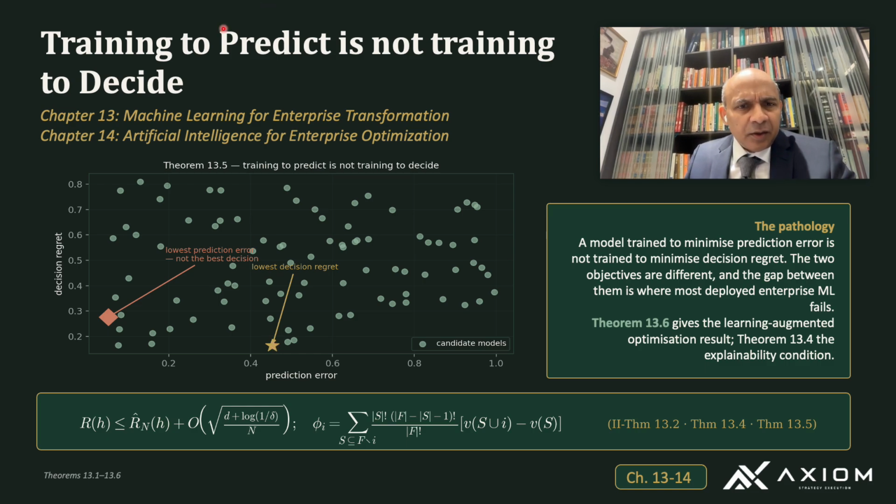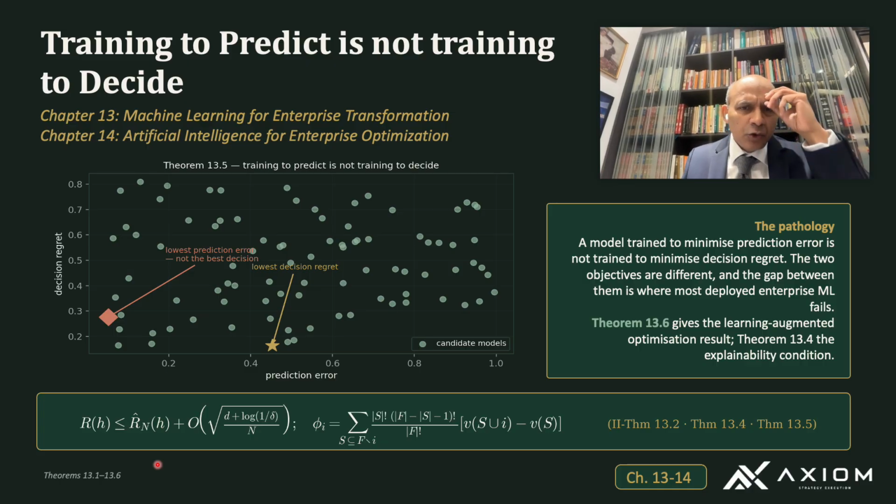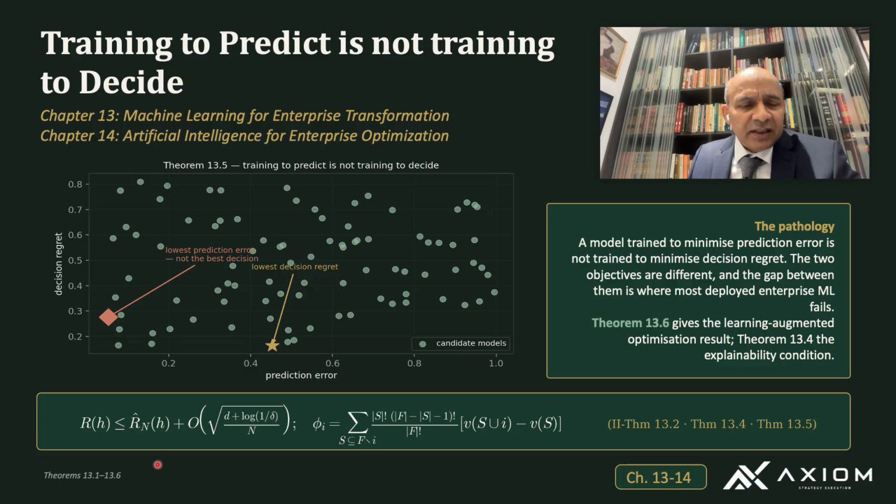Now, the equation at the bottom, the generalization bound. So R of h is less than R hat n of h plus the order of this expression. This says that the model's true risk, R of h, is bounded by the observed empirical risk, R hat n of h, plus a complexity penalty.